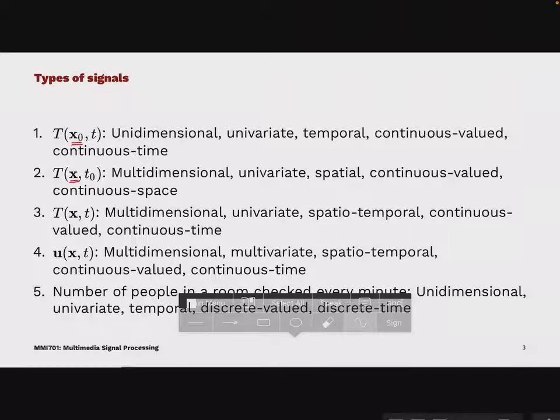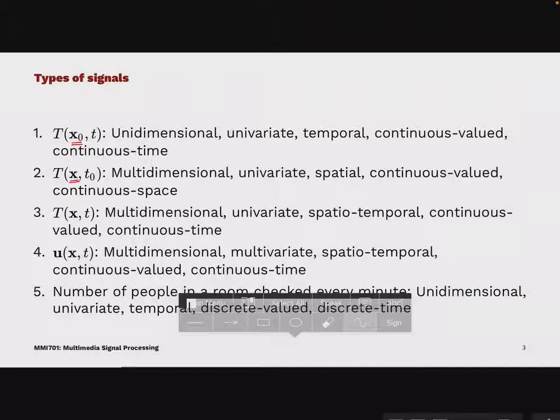Our signal is spatial. It is continuous valued still because our infinite number of thermometers all have this mercury thermometer which can measure temperature with infinite precision. And it's continuous space because we're measuring at every point inside the room. So these are kind of hypothetical signals because it's not easy to acquire such a signal, right?